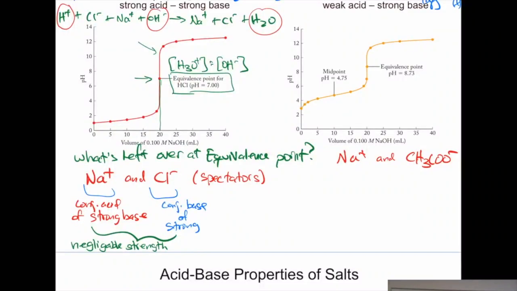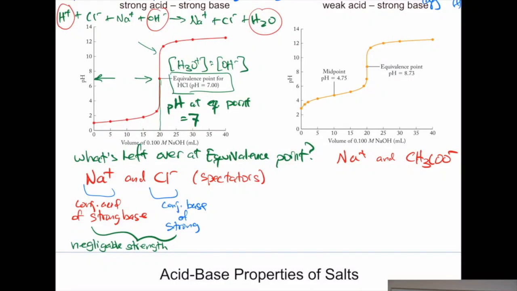And if the hydronium ion is the same as the hydroxide ion, we already know that's going to give us a pH of 7. And the conjugates have no effect on the pH, so overall we expect the pH to be 7. And in fact, it is, or at least you should have gotten very, very close. So we expect then that the pH at the equivalence point should be neutral.